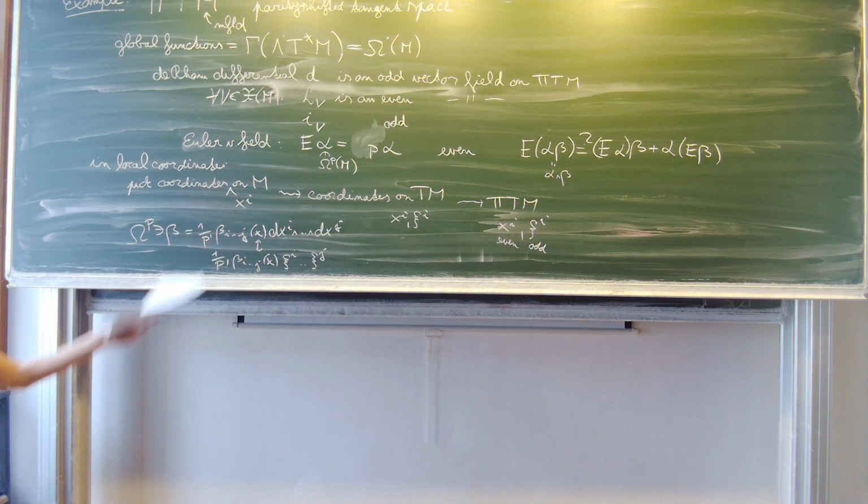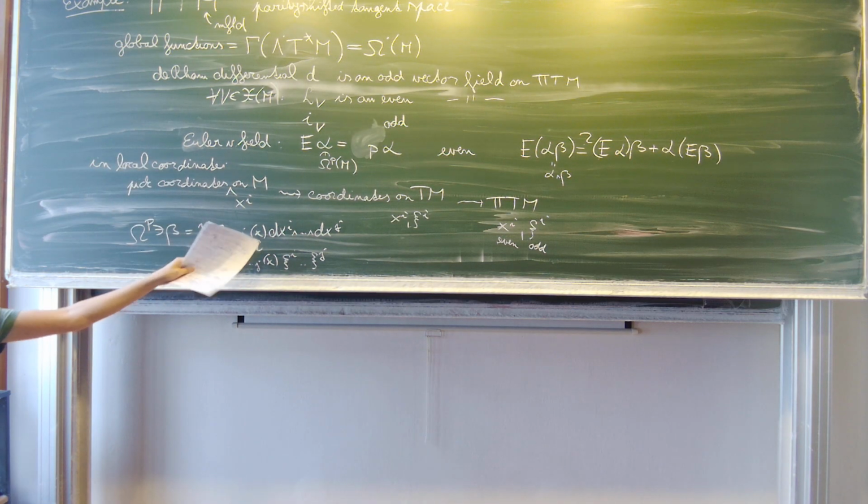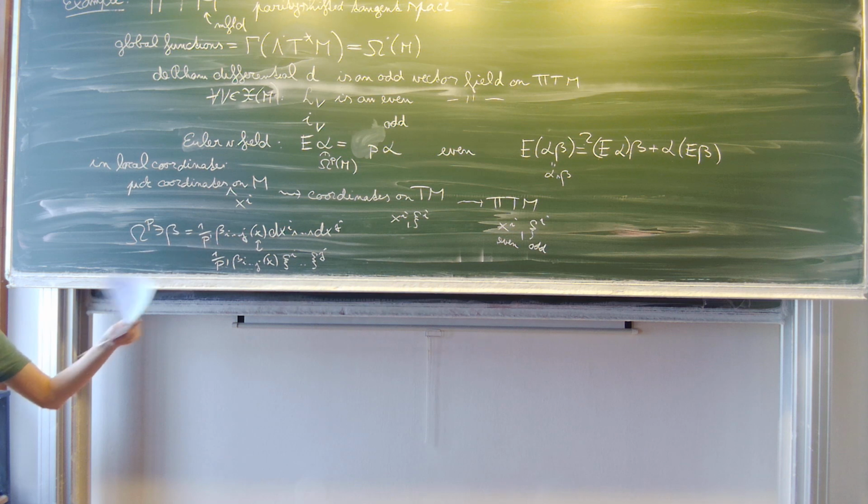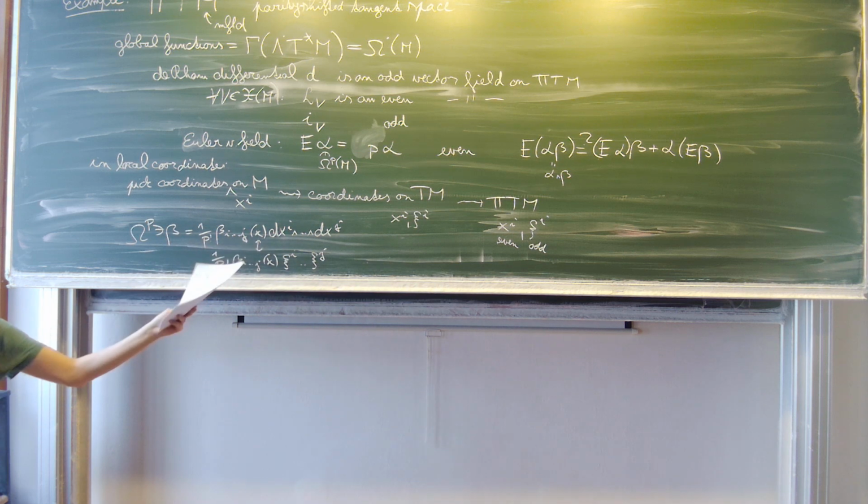That's how the correspondence works. And the dx's famously anticommute with each other, and so do the xi because they're odd.